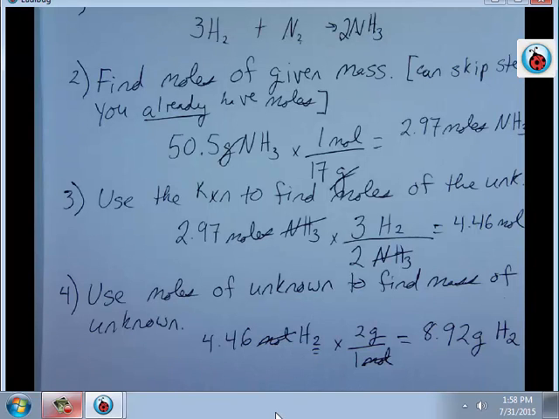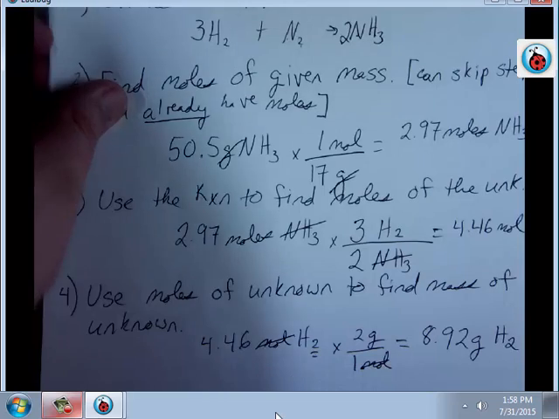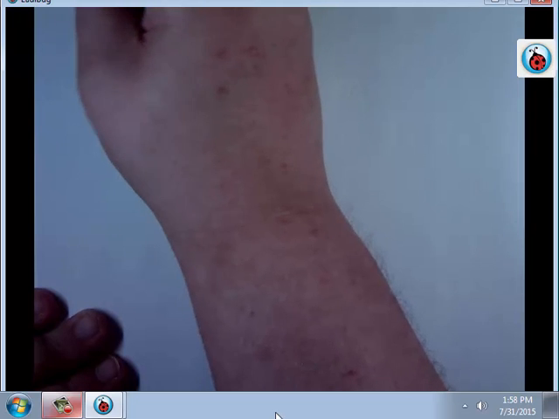All right, I know there were a lot of steps there, so we're going to do one more problem like this. But I'm going to keep referring back to these 4 steps. So, here's the new question.